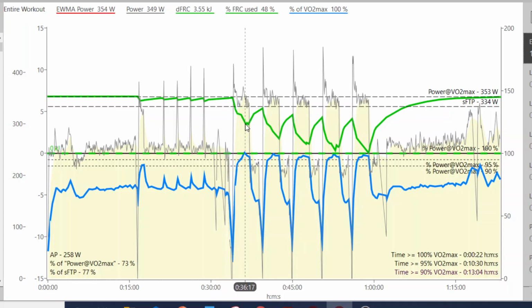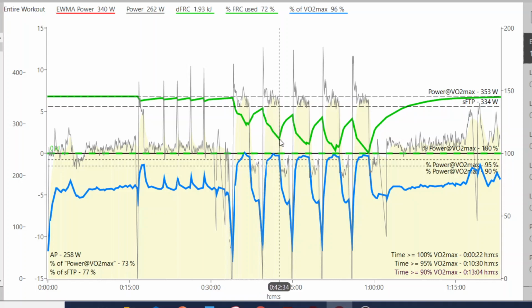Once we dip into it, the only way to get it back up to baseline, the original full reserve work capacity or the full tank, is by resting. We've got to go below FTP to allow that reserve work capacity to start coming back up. So here we are back above FTP again, reserve work capacity starts dropping.